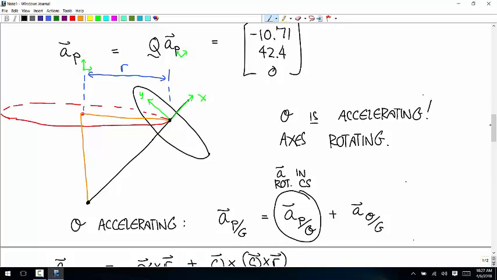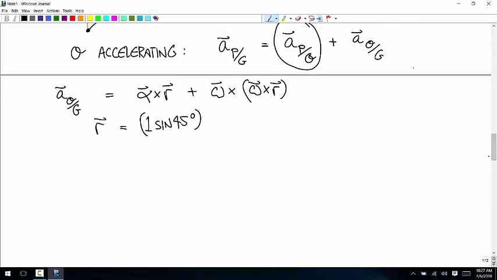So if you put the tail of that vector at the origin of the coordinate system, that's going to be at negative 45 degrees. Any questions about that? So this is times cosine of negative 45, sine of negative 45, 0. So that is 0.5.